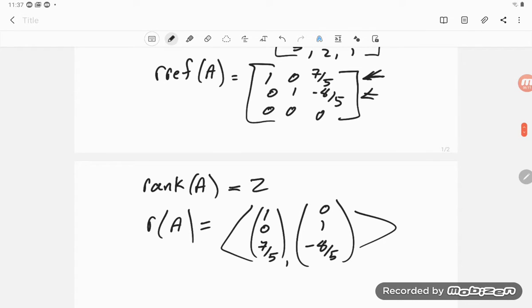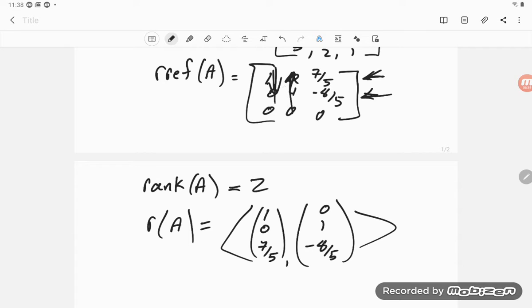Now, it's pretty easy to see when we take these vectors this way that they are independent, because each non-zero row will have a leading column, 1, 0, 0, and then 0, 1, 0.